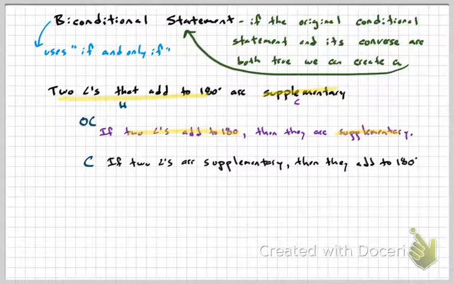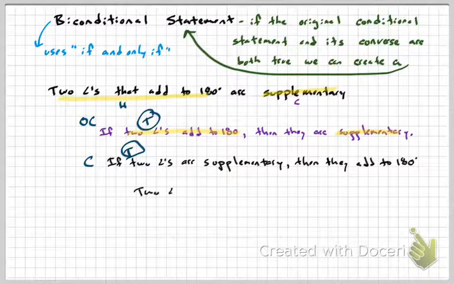Now, is that a true statement? If two angles are supplementary, do they add to 180? Yes, they do. Okay, so this is also true. So we would say true, true, and because both of those are true, we can make a biconditional statement. Okay, so the way that we would do that is we would say something along the lines of this.